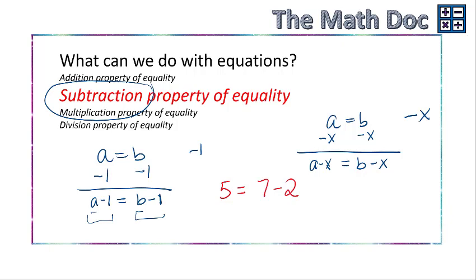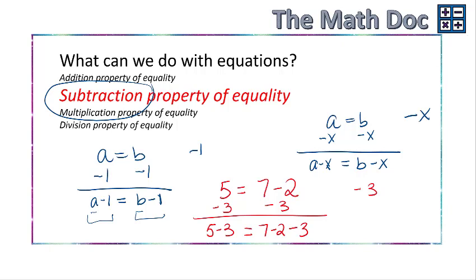This is correct. Now, let's subtract 3 from both sides. So we write minus 3 here and minus 3 here. We put a line underneath, and we get on the left-hand side 5 minus 3, and on the right-hand side we have 7 minus 2 minus 3.